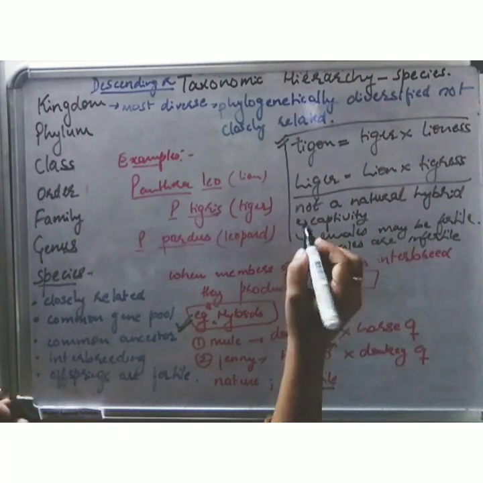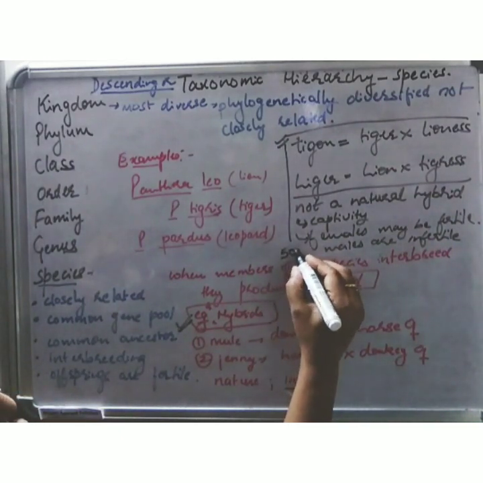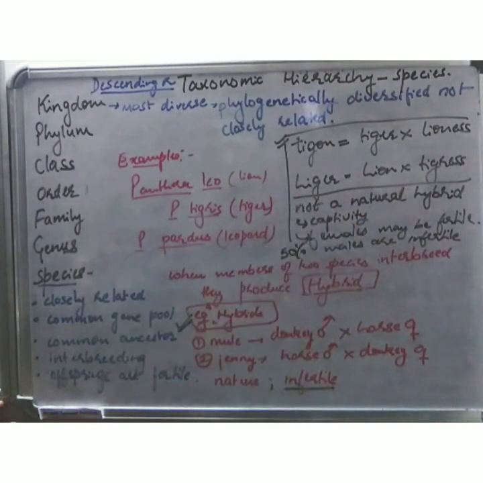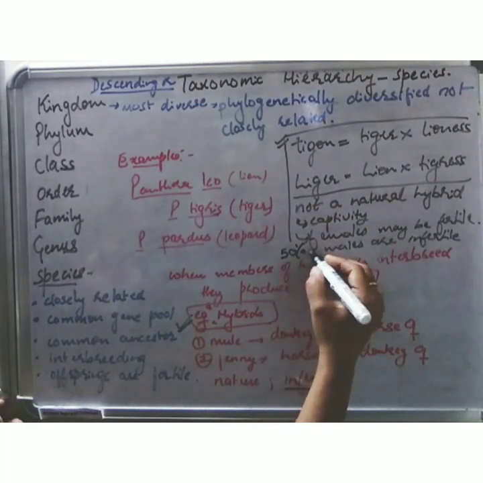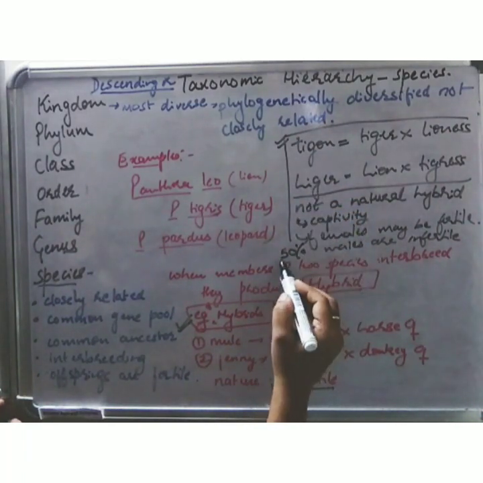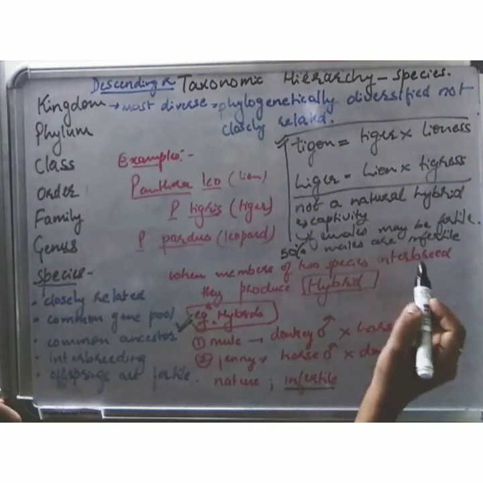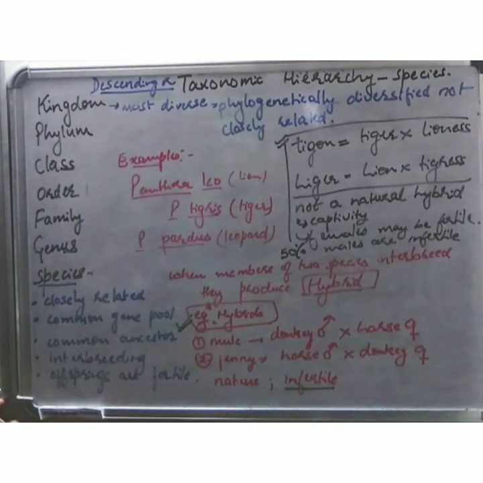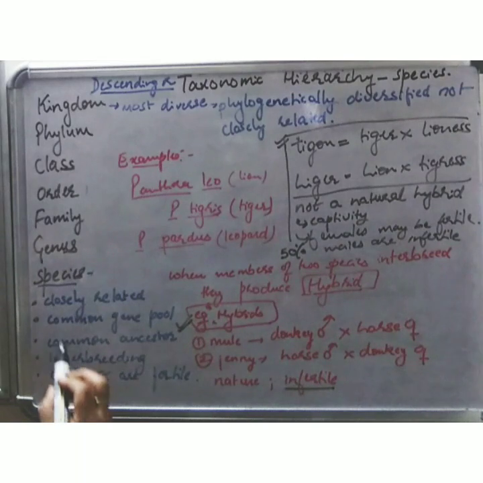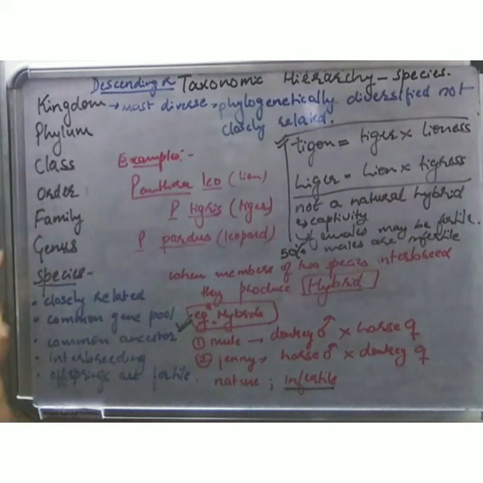So this is a sort of 50% fertility in these hybrids. The fertility rate of tigon and liger is 50% because the females are fertile, males are infertile. So this was the details about the species. Now in the next video, we will be learning about the rest of the taxons in detail.